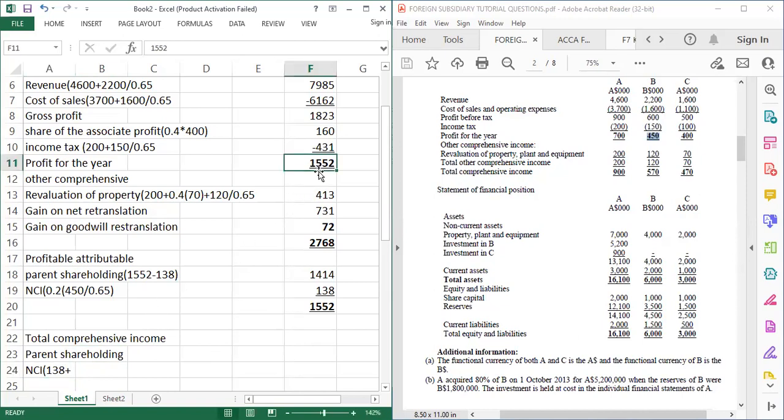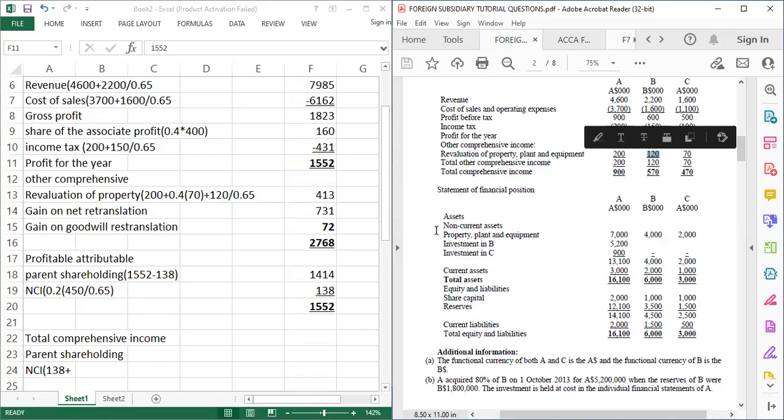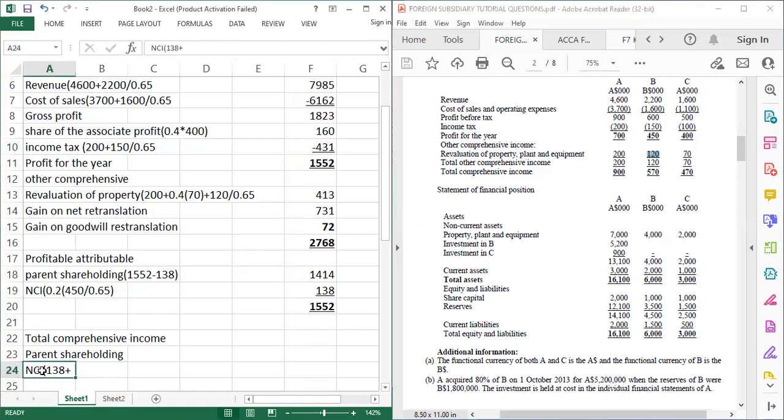The only thing that they will take a share of right now is the revaluation gain of the subsidiary, which will be 0.2 multiplied by 120 divided by the average rate, 0.65. So plus 0.2 multiplied by 120 divided by 0.65.